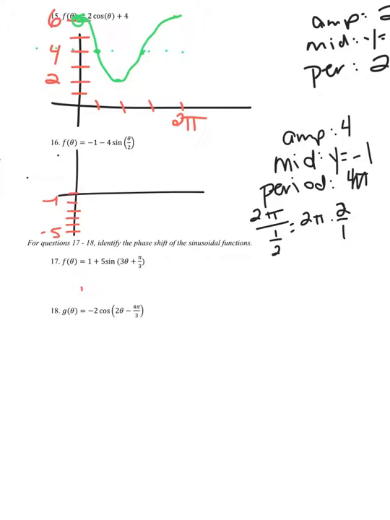Up another 4 gives me 3. So this should be a 3 here. Then we have 1, 2, 3, 4 gives me 4 pi, but I'm not graphing all of that. I'm only graphing up to 2 pi, so I really only need these two lines here.